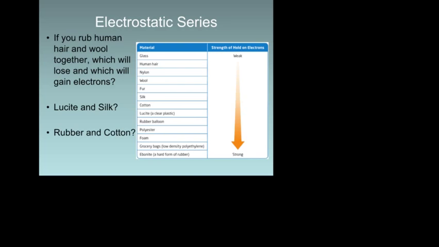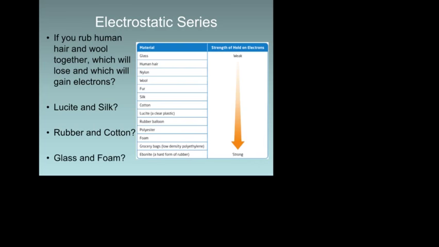And what about rubber and cotton? Rubber is down here with a pretty strong hold on electrons, and cotton is up here with a weaker hold. So which one would lose electrons? Which one would gain electrons? Put that in your notes.